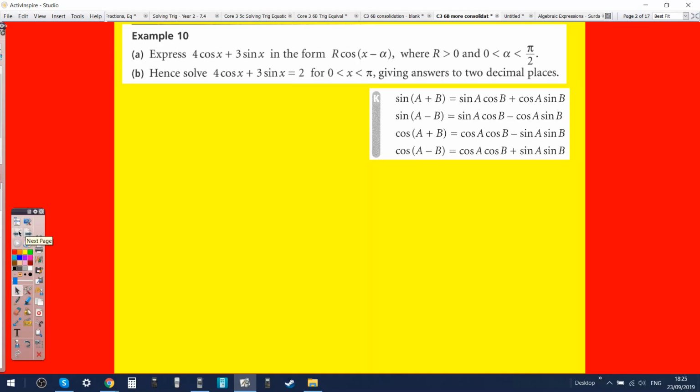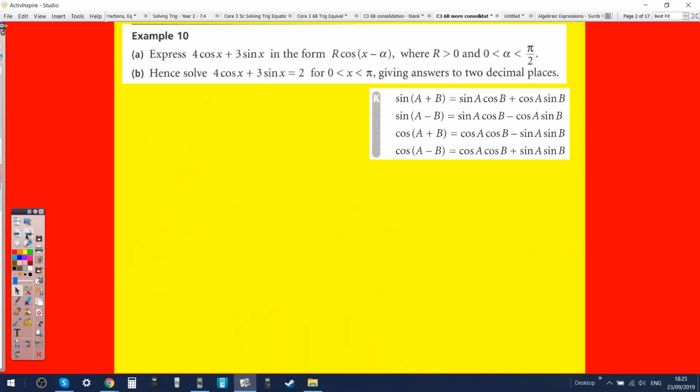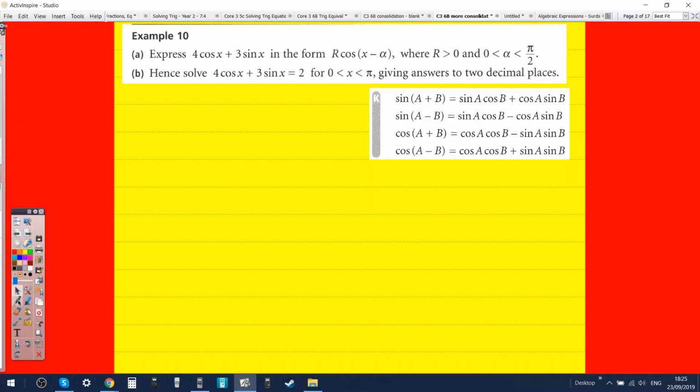This is a similar one. Not this one. Okay, let's do this one. Express where r is greater than 0 and alpha is between 90 and 0.